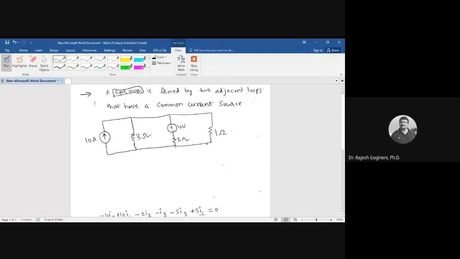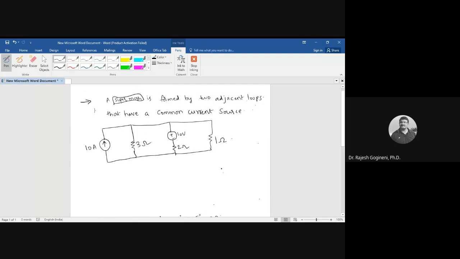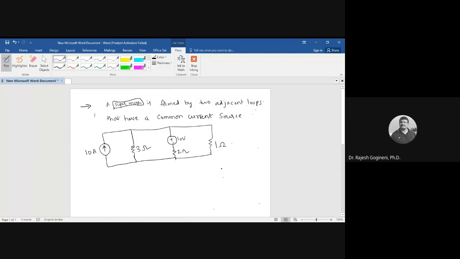Find the currents in the circuit. Find the mesh currents for the given circuit. Is the circuit visible? Yes, sir. Okay. So how to form a super mesh here?